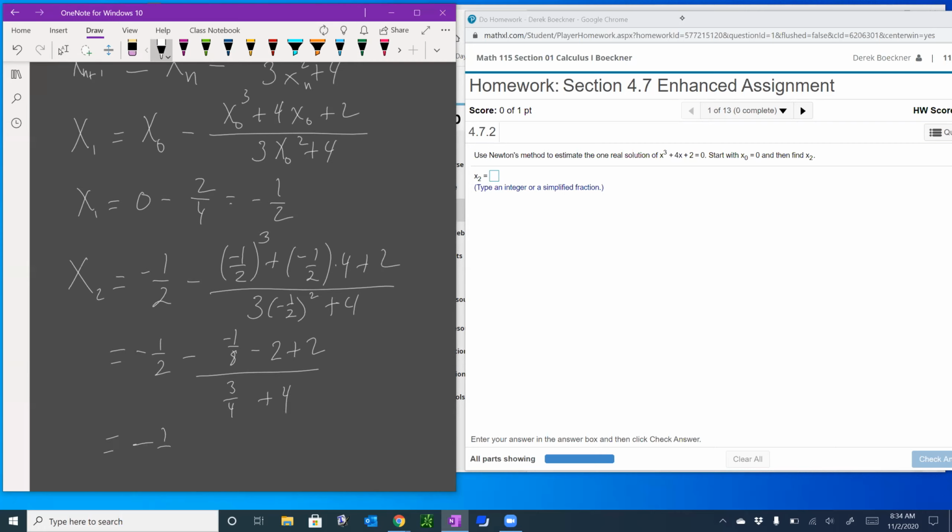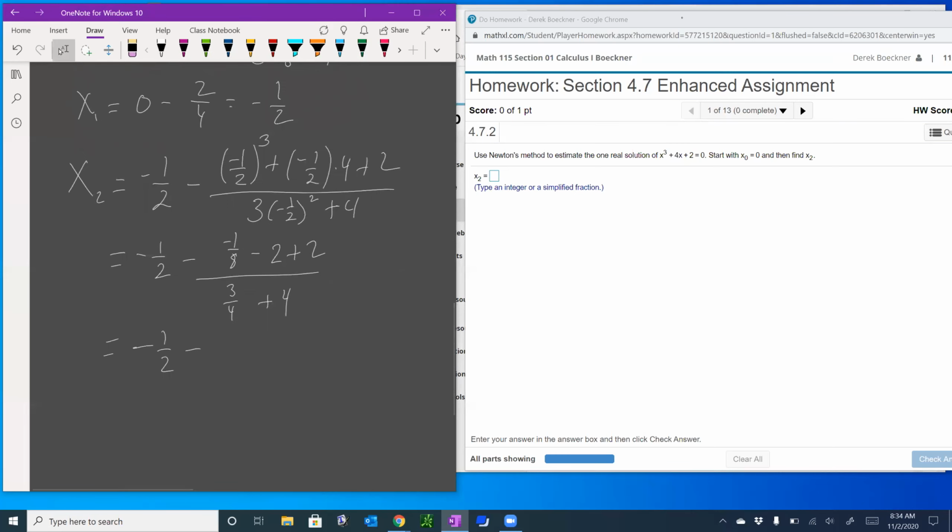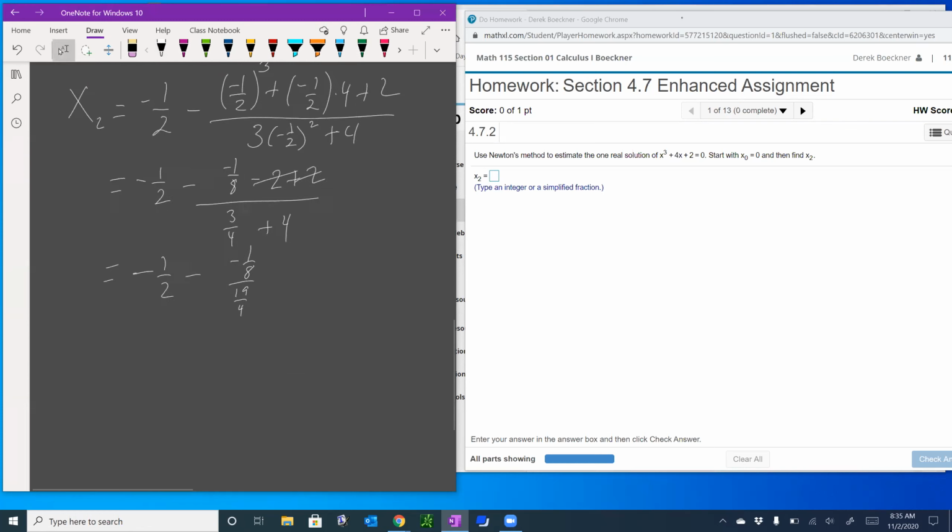So it's minus 1/2 minus, those guys cancel, minus 1/8 over 16/19 fourths, which is minus 1/2 plus, I've got a 4 on top, I've got an 8 and a 19 on the bottom.